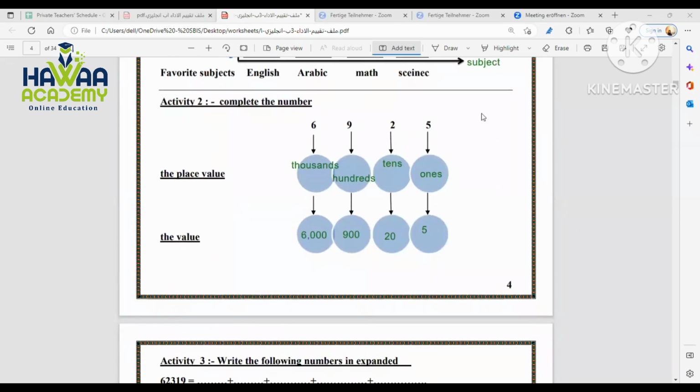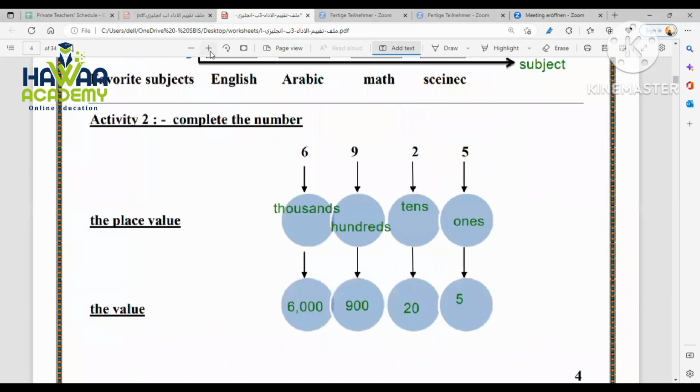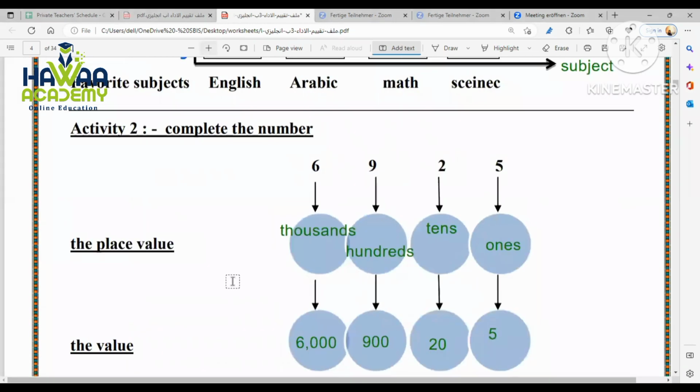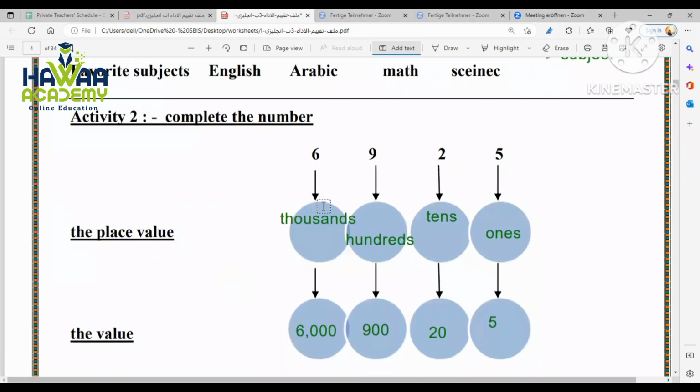Okay, in this question we have to know what is the value and the place value for each number. First of all, we need to read the number. We have 6,925. When we read it correctly, we're just going to find the place value correctly.